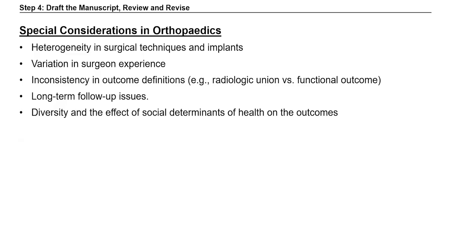In other words, a surgeon with a few years of experience might have different outcomes compared to a very experienced surgeon. Building on that, even institutions: the outcomes in one institution might differ from another. As you see on my last point, diversity and the effect of social determinants of health might affect the outcome, and we should always be considerate of those facts.